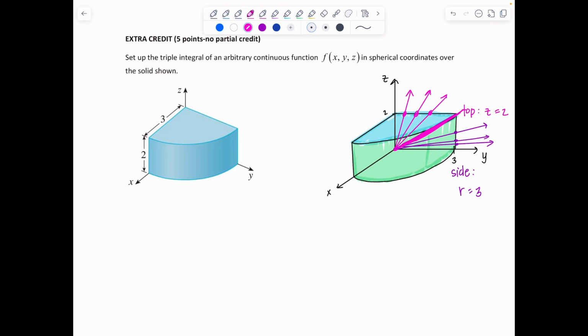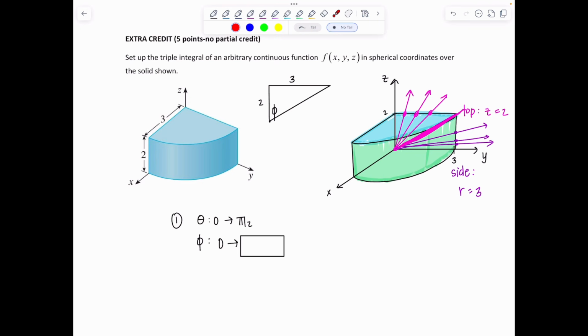So first integral, theta is going to go 0 to pi over 2. That doesn't change. Phi will go from 0 up until the mystery angle. We can find the mystery angle. I'm going to pop in a cute little right triangle here. This is 2. This is 3. Here's phi.